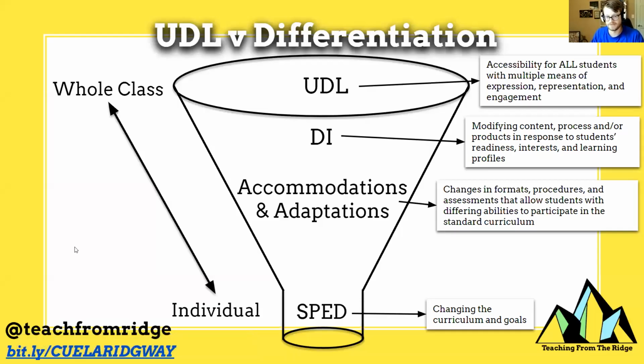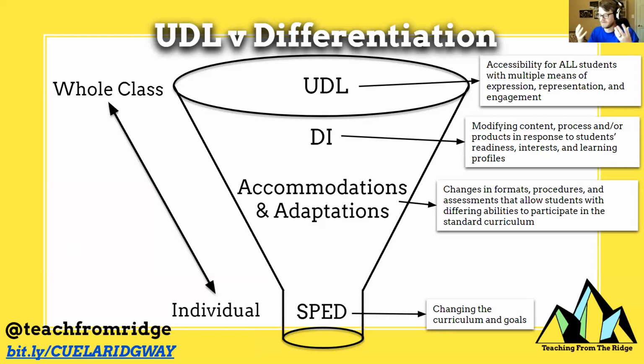So let's just ever so briefly talk about, again, I'm not going to have time to go through all of this, but for those who are not too familiar with UDL and how that might have to do with differentiation, UDL is kind of like the beginning base platform that we start with for all learners, and it should be done hopefully for every student.